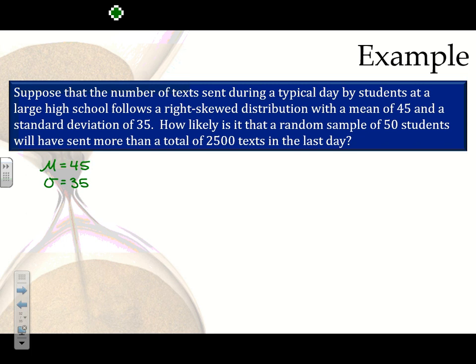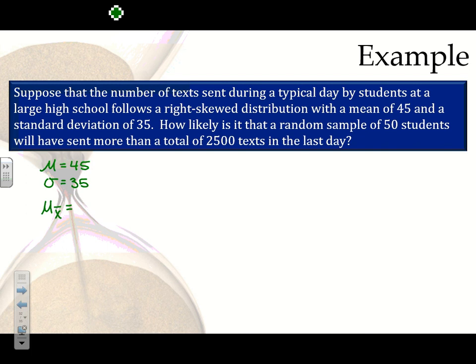Now, if we know what the mean for our population is, what is the mean of my sampling distribution? What would mu sub x bar be?